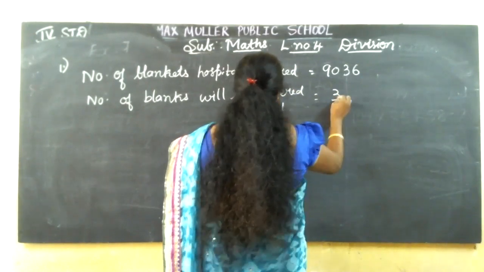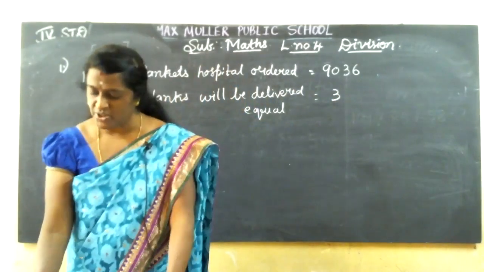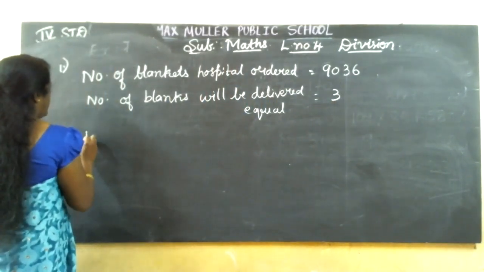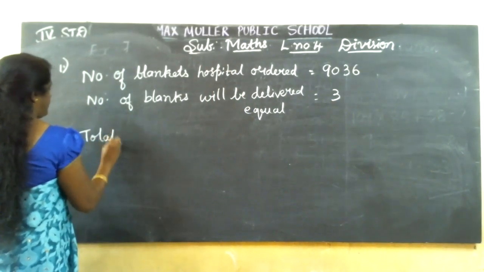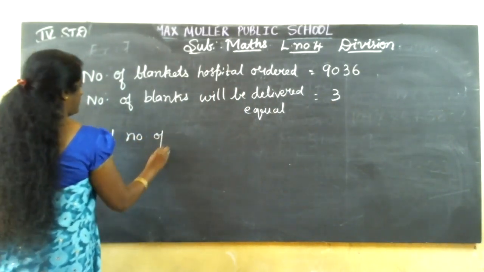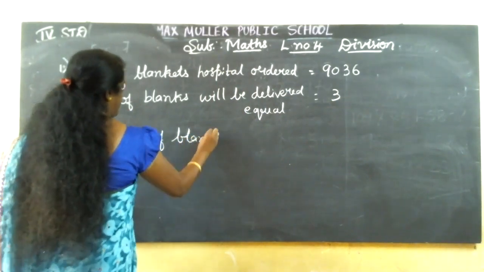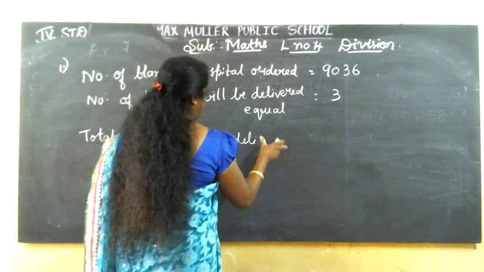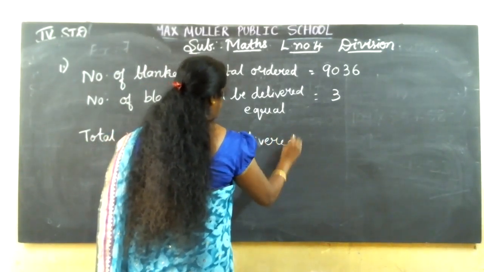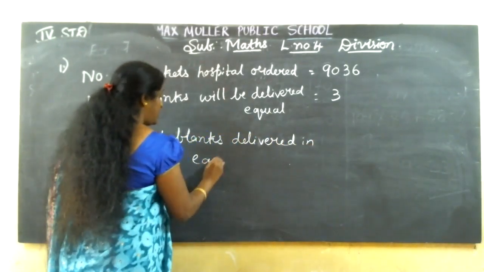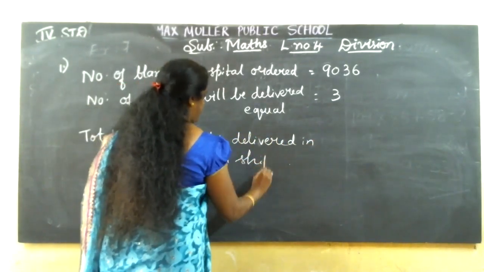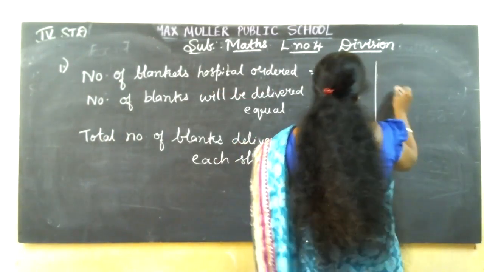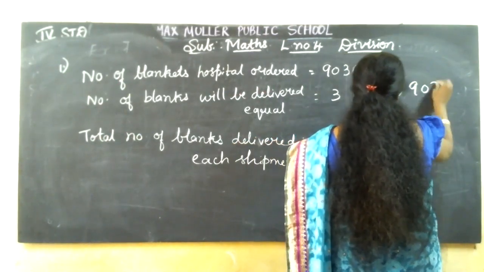So it is 3. So total number, how much children? The number of blankets in each shipment. So what should you do? 9036 divided by 3.